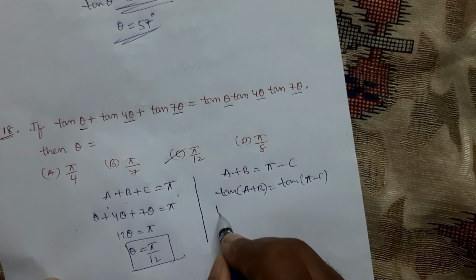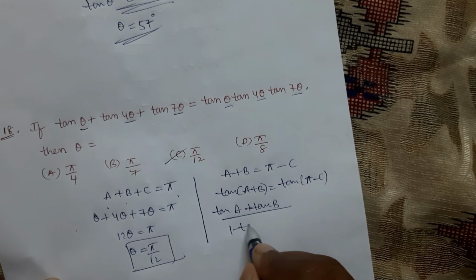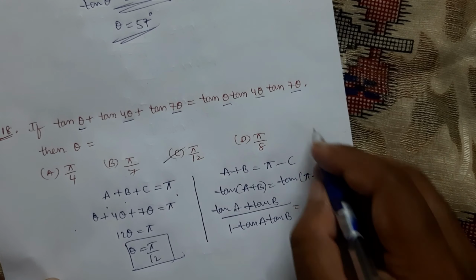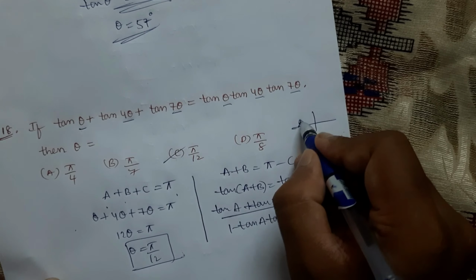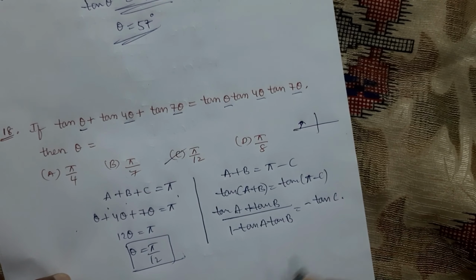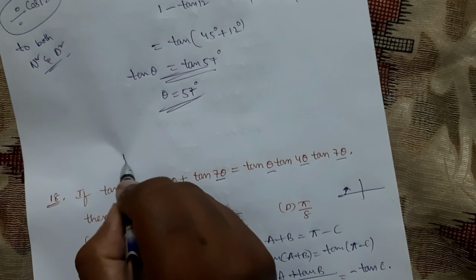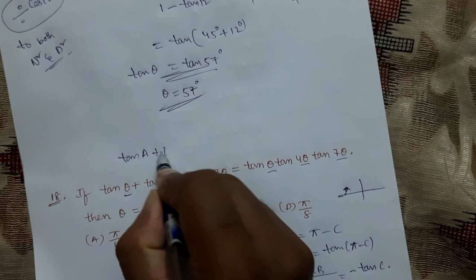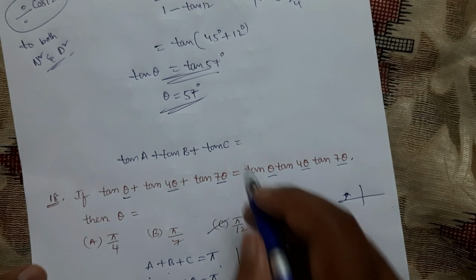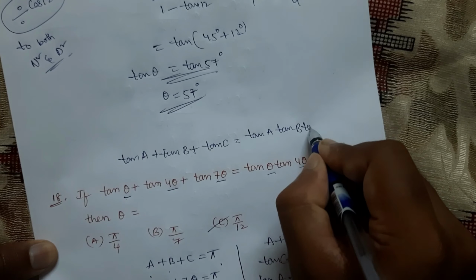We know that tan of a plus b is equal to (tan a plus tan b) divided by (1 minus tan a into tan b), which is equal to tan of pi minus c, that means 180 minus c. In the second quadrant tan is negative, so it becomes minus tan c. If you simplify this, we get the equation: tan a plus tan b plus tan c is equal to tan a into tan b into tan c.